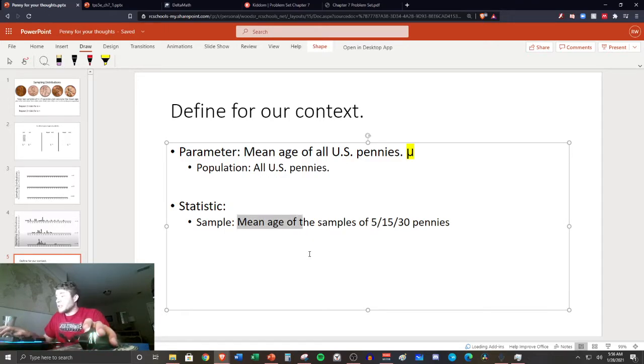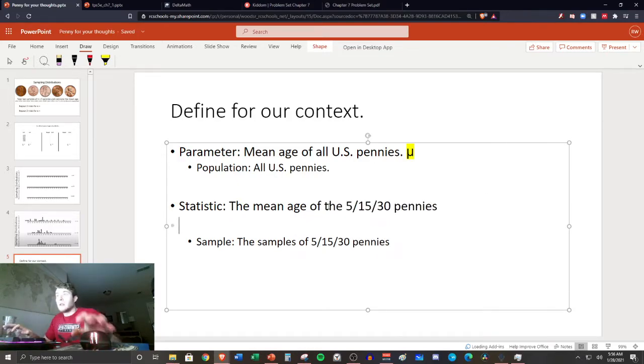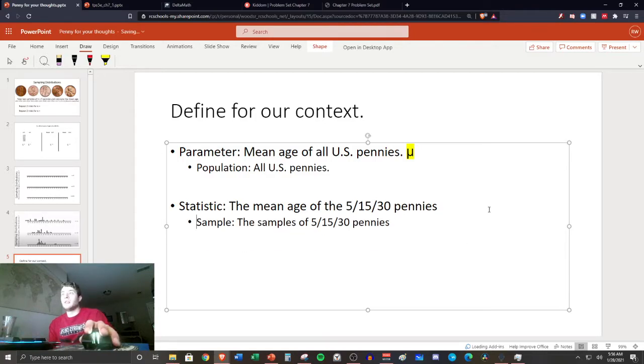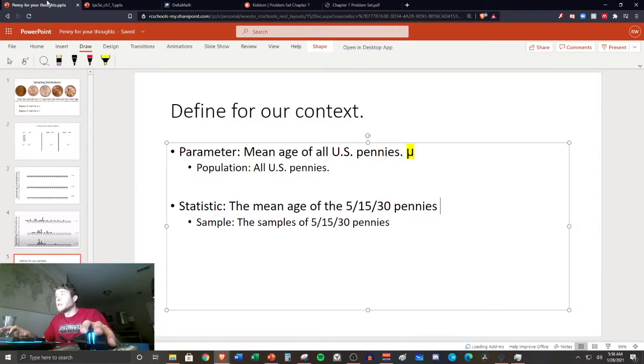Our sample is the samples of 5, 15, 30. So that's our actual sample. Now, the statistic would be the mean age of, and we'll rewrite this. Okay. So this is our statistic. Now, what's the symbol that goes for this? Well, it is this X bar. So we'll put that over here. That goes right here.